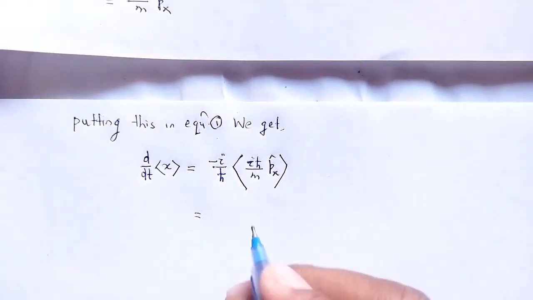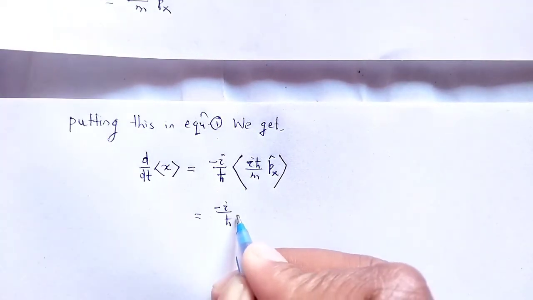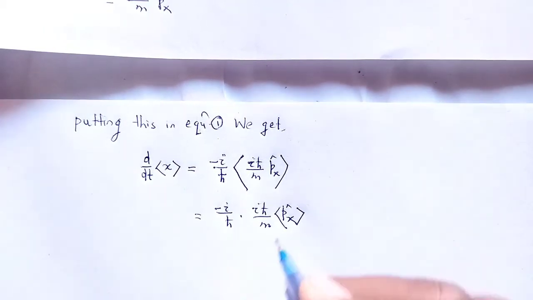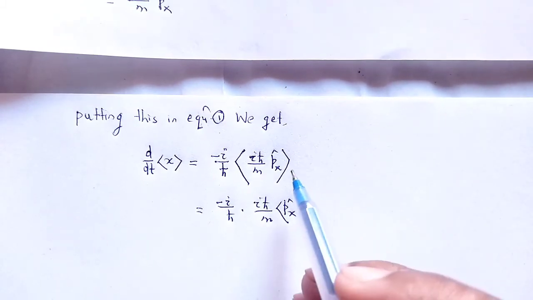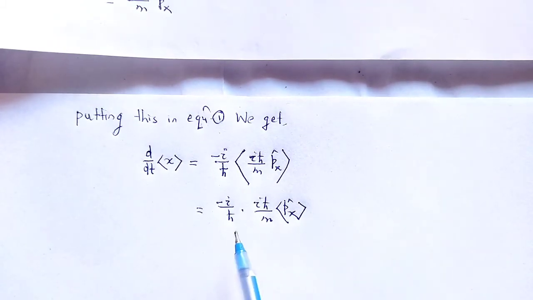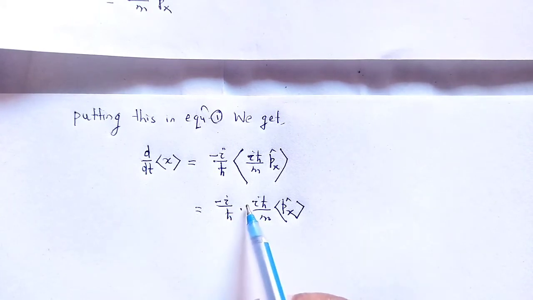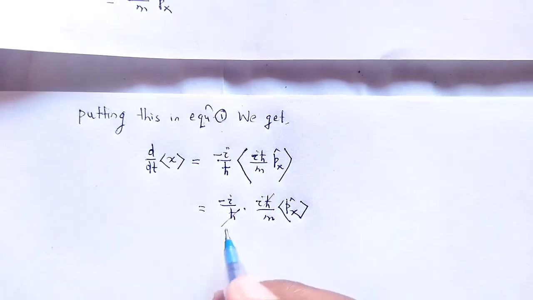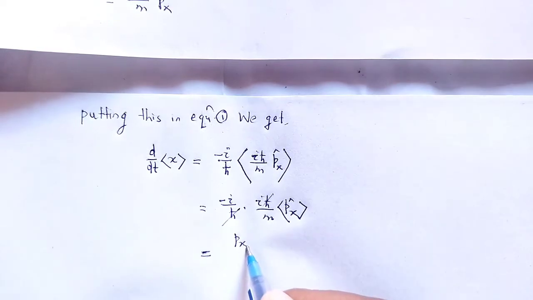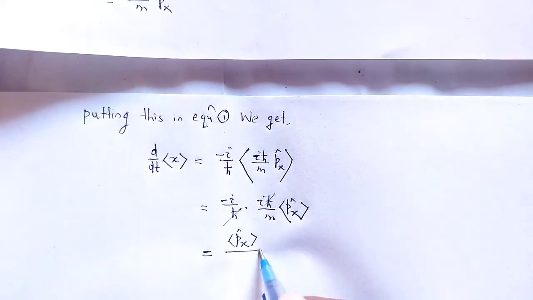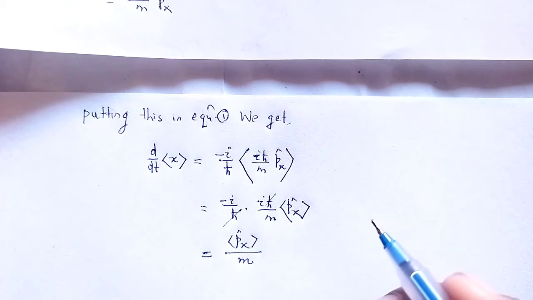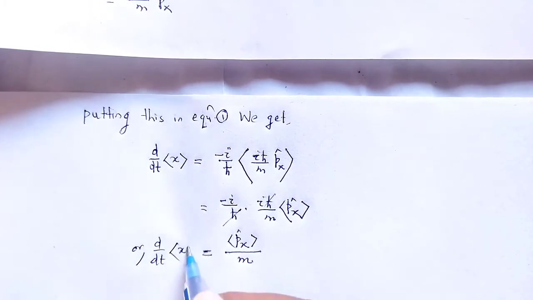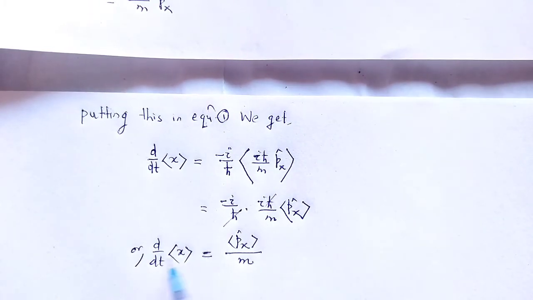That will be minus i by ħ into iħ by m expectation of Px cap. i squared means minus 1, minus minus plus 1, ħ cancels out, that is expectation of Px cap by m, or d by dt of expectation of x will be this much.